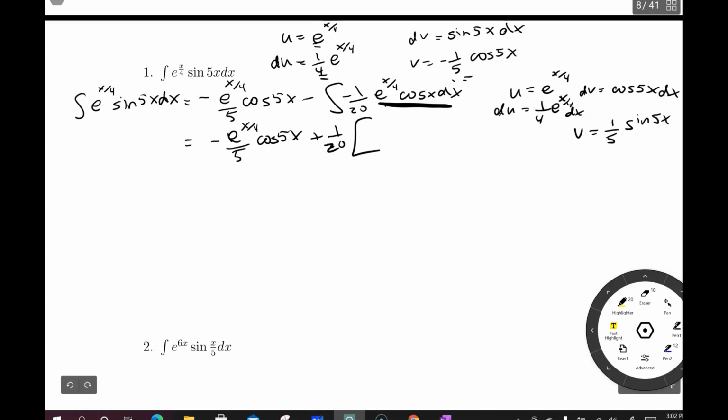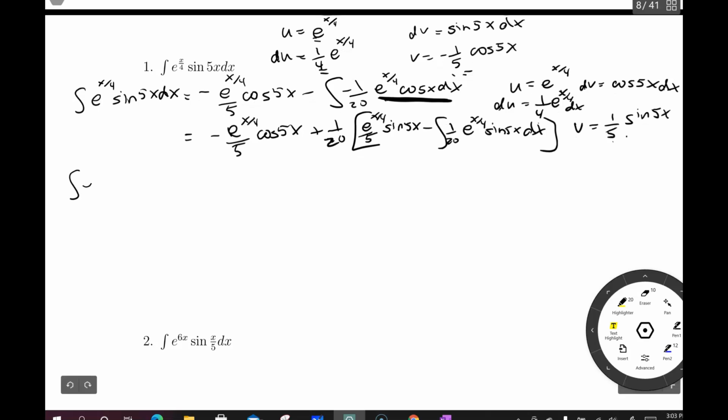So, right, I'm doing parts on this. So I get uv, e to the x over 4 over 5 times sine of 5x, minus the integral of v du. So I get a 1 over 20 e to the x over 4 sine of 5x dx. Okay. Sorry, it got kind of squeezed in there. So let's take the time to fix it.